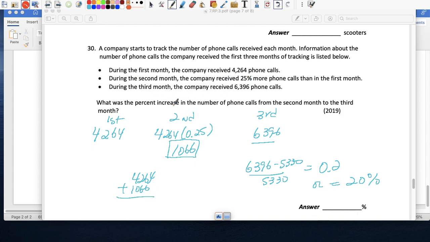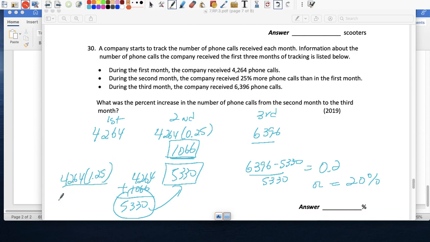The company received 25% more, so if you left it at 1,066, it would make no sense, because you went from 4,264 to 1,066. That's not the right answer. So if you did this in parts, you found the 25%, and then you add it to the total, 5,330. That's the actual answer for the second one. Or you did what we originally did, which is multiply by 1.25, which gives you the total number of phone calls, including the 25% increase.